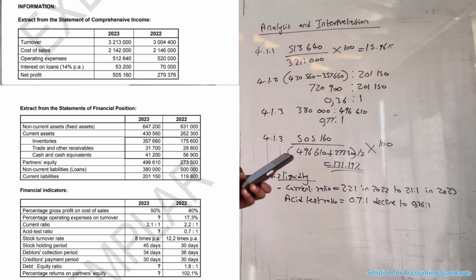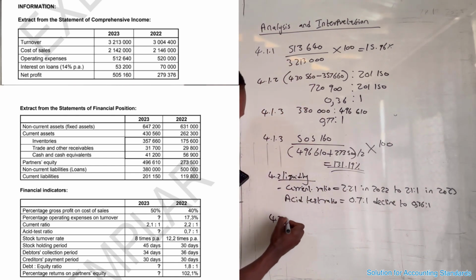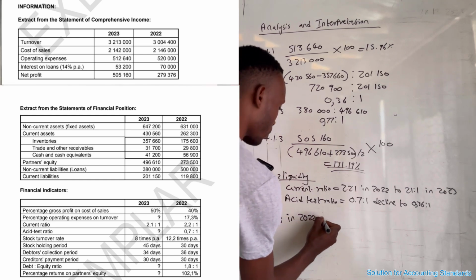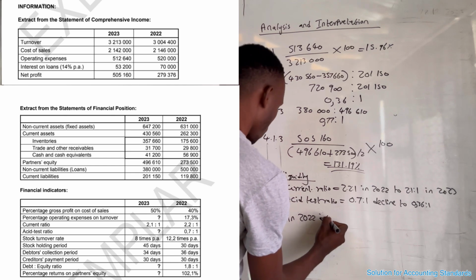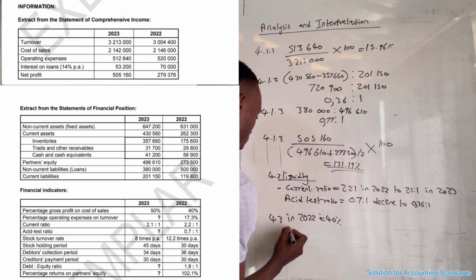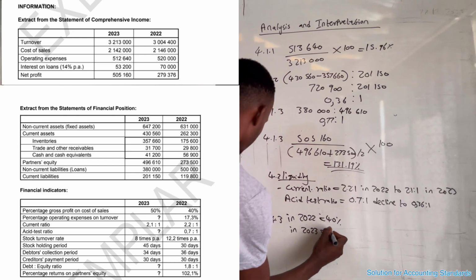Percentage gross profit on sales. Their markup in 2022 was 40%. But now in 2023, it is 50%.